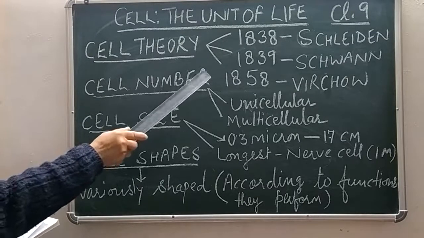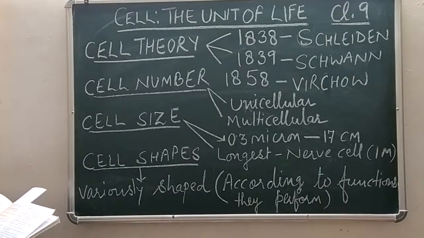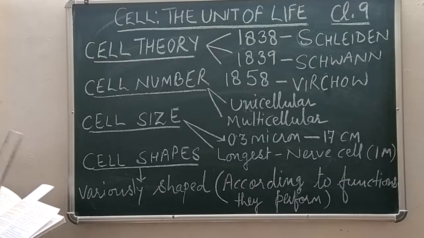Later in 1839, Theodore Schwann added one point to this theory. He said that cell is the smallest unit, the functional unit of all living organisms.